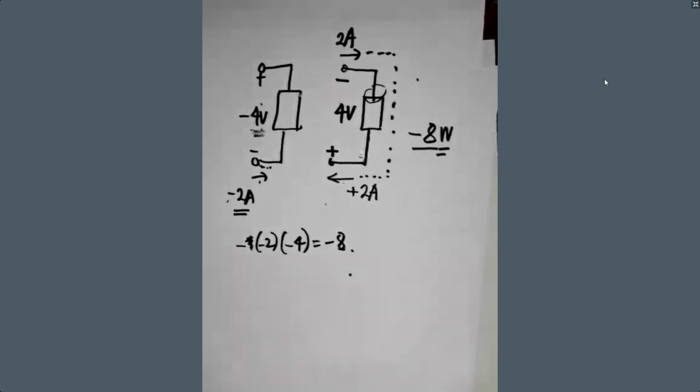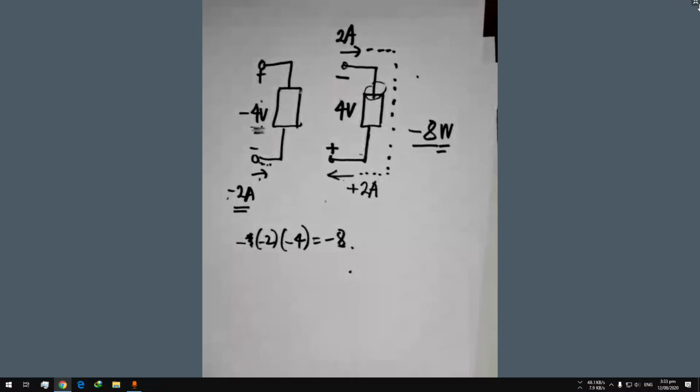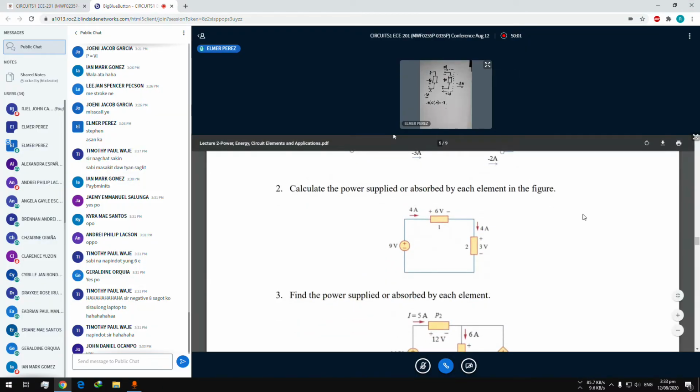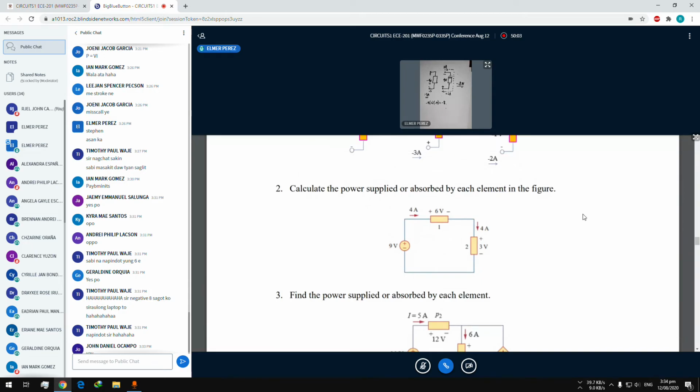Okay. Next. Calculate the power supplied or absorbed by each element in the figure. Hindi na natin ito ipapapol kasi 3 ang sagot. 3 ang sagot dito.